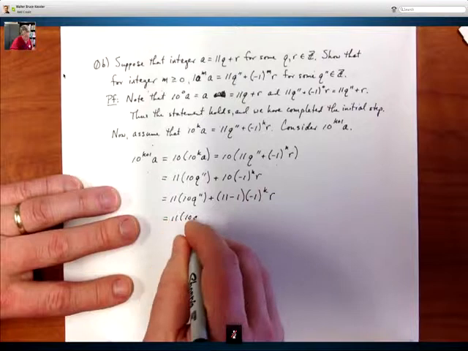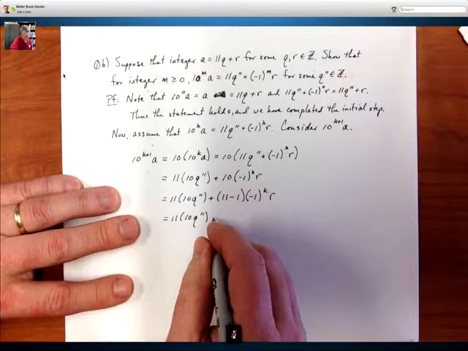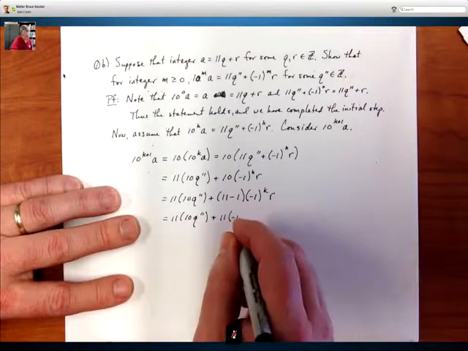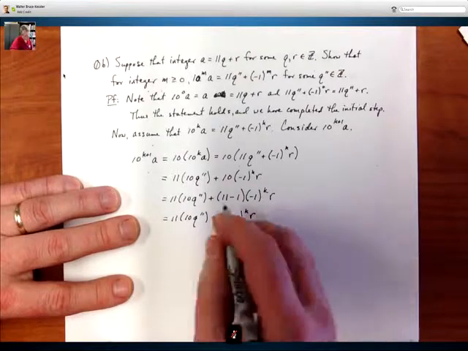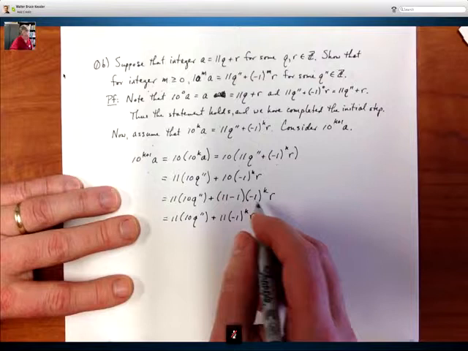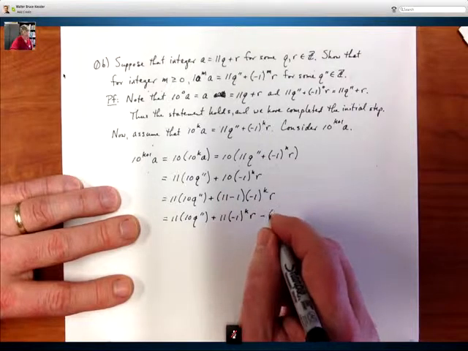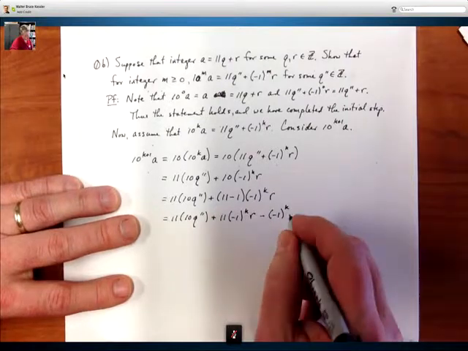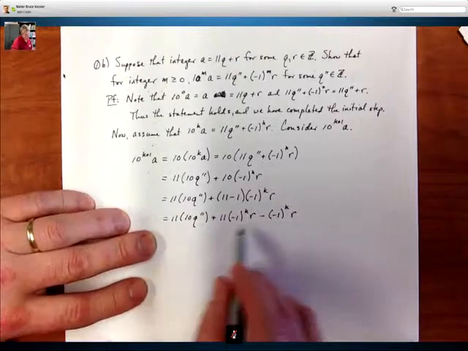So I get 11 times 10q double prime plus 11 times a negative 1 to the k times r. And then right here, so this is minus a negative 1 to the k times r.